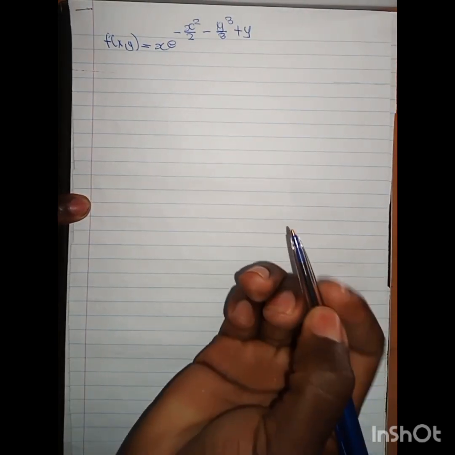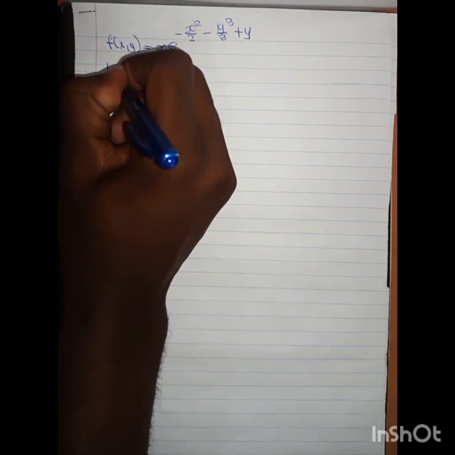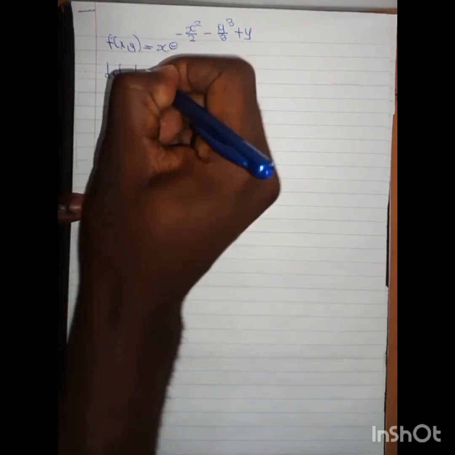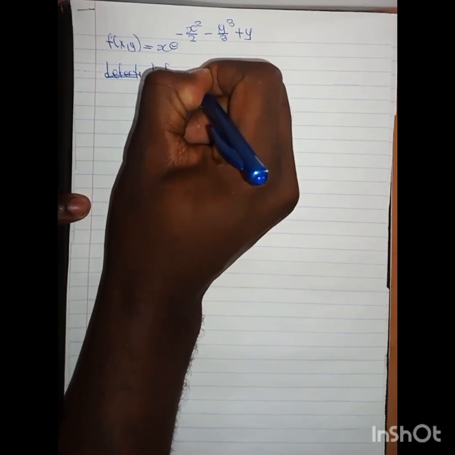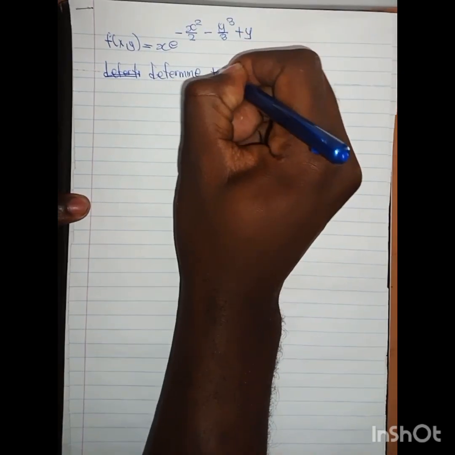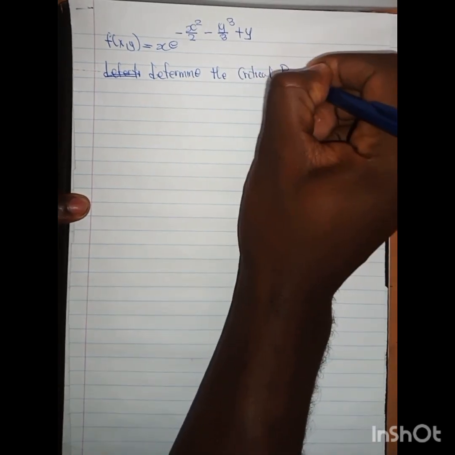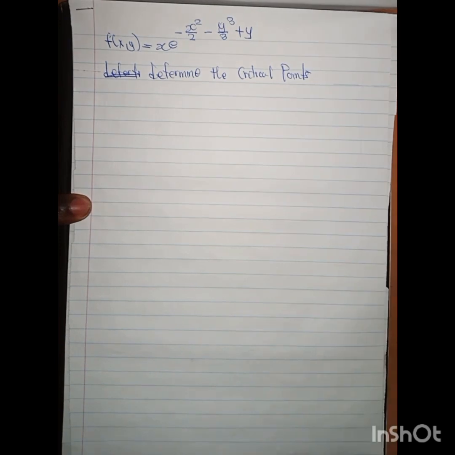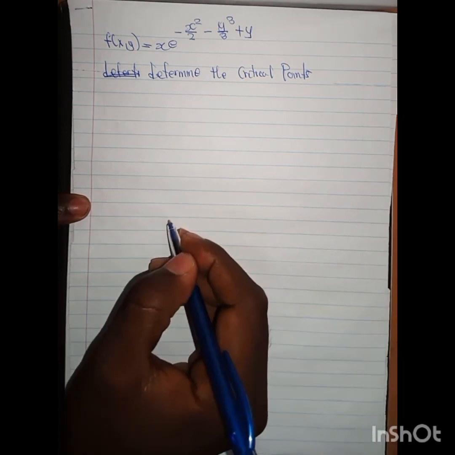So we want to first learn to determine the critical point of the following function. As we know that we want to find the point at which the derivative of this function will give us 0.